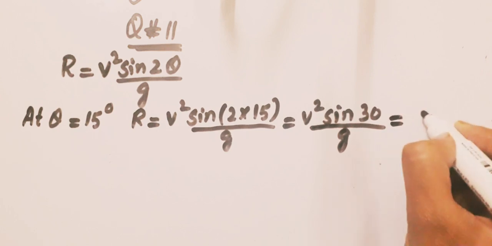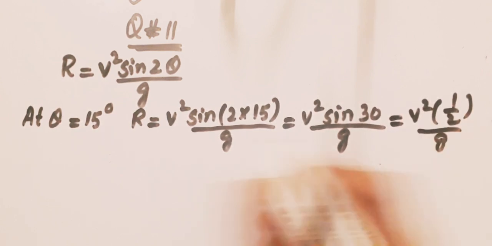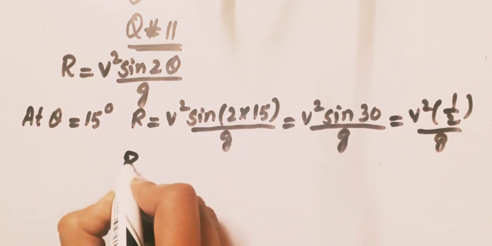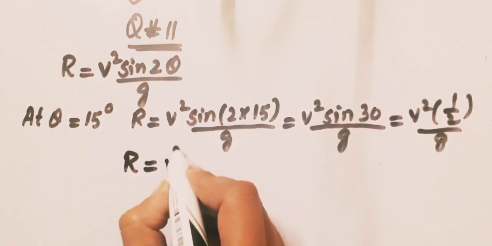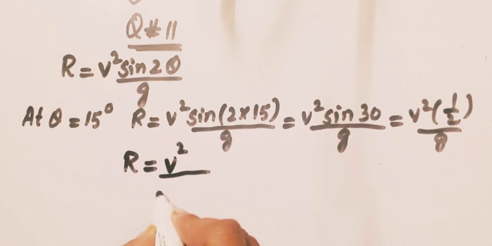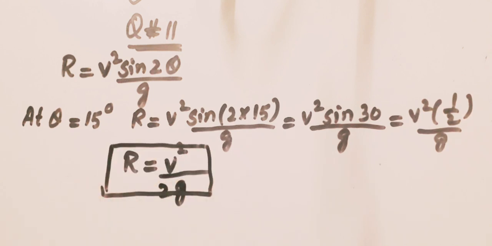So this is equal to V square 1 by 2 by G. So we have R is equal to V square by 2G. So this is the value at theta is equal to 15 degree.